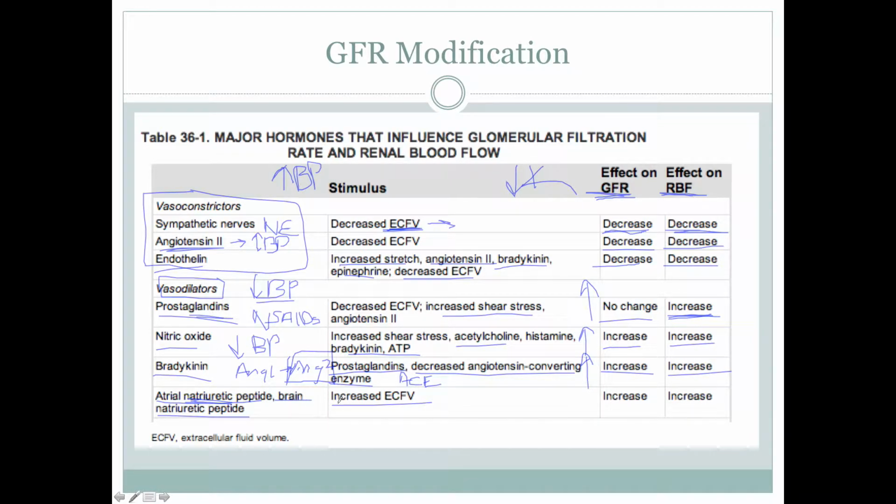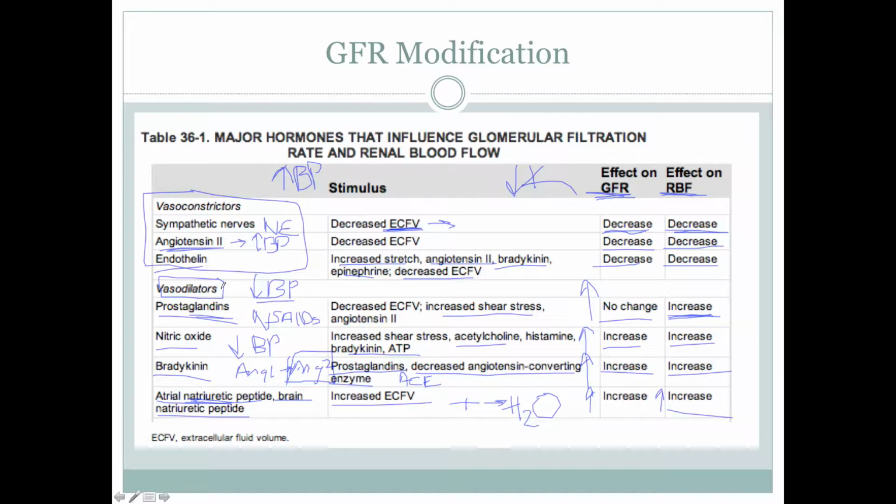So that, remember, where sodium goes, water follows. So you have a really salty meal, you've got tons of salt in your body now. These products will be released to help counteract this effect by making you pee out the sodium and the water, hopefully. So that means we're going to have an increase in glomerular filtration rate and an increase in renal blood flow.